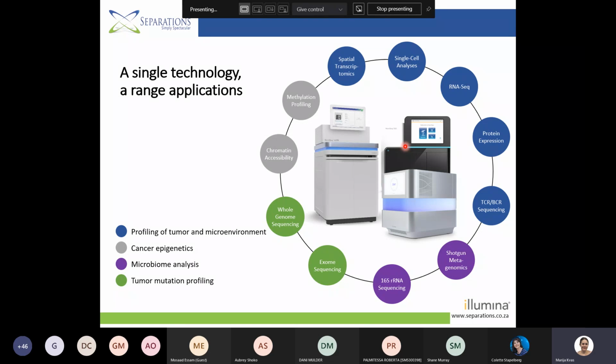So regardless of whether we are talking about whole genome sequencing, either small microbes or human, or exome sequencing, or like we talked about today, differential expression, fusion detection, single cell analysis, we have a single technology that allows us to do this multiple range of applications.